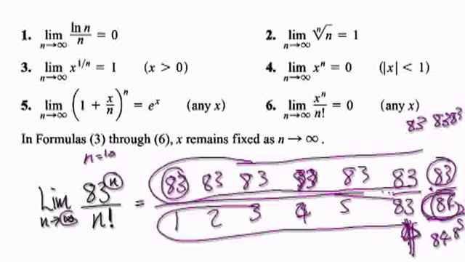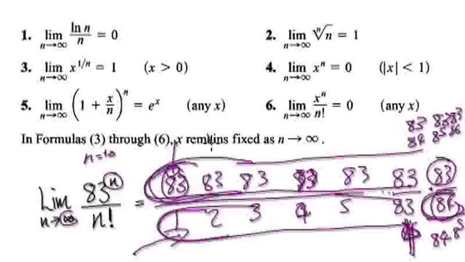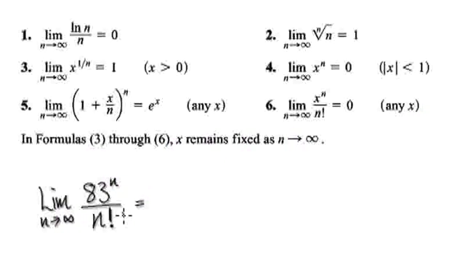But beyond this level, the denominator is going to be 84, 85, 86, eventually all the way to infinity. So eventually the denominator will be massive, and the numerator is just going to be 83 times 83 all the time. You should have a gut instinct that this would be much bigger than this as n tends to infinity. So you should just know that it heads towards 0. Okay, so the answer here is going to be 0.